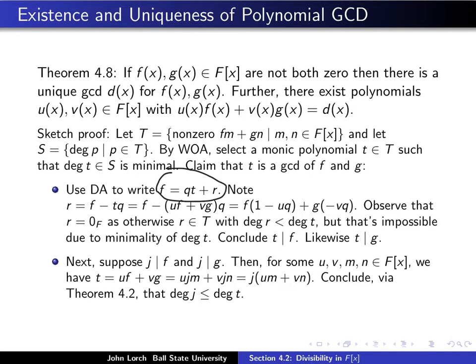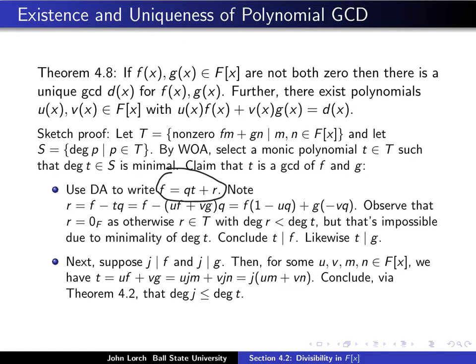Remember, t, however, is a linear combination of f and g, so we'll write t as uf plus vg. And then gathering terms, we see that that's equal to f times 1 minus uq plus g times minus vq.